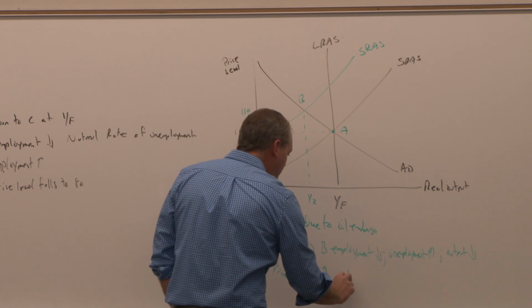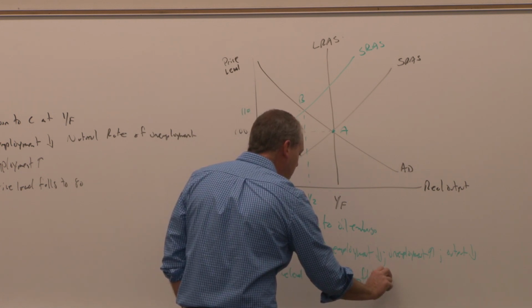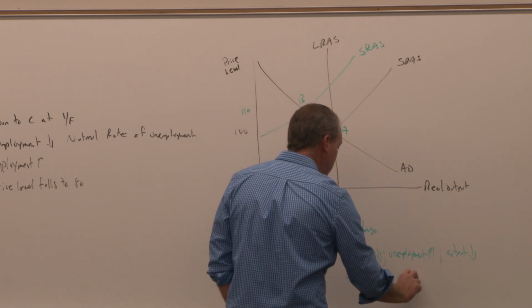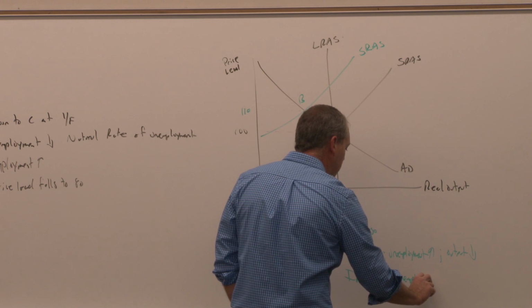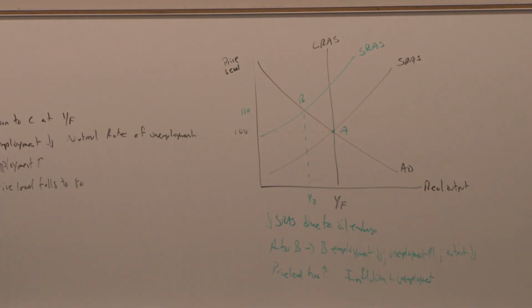So here we have both inflation and we have unemployment. It's not inflation because of demand pull. It's cost push inflation.